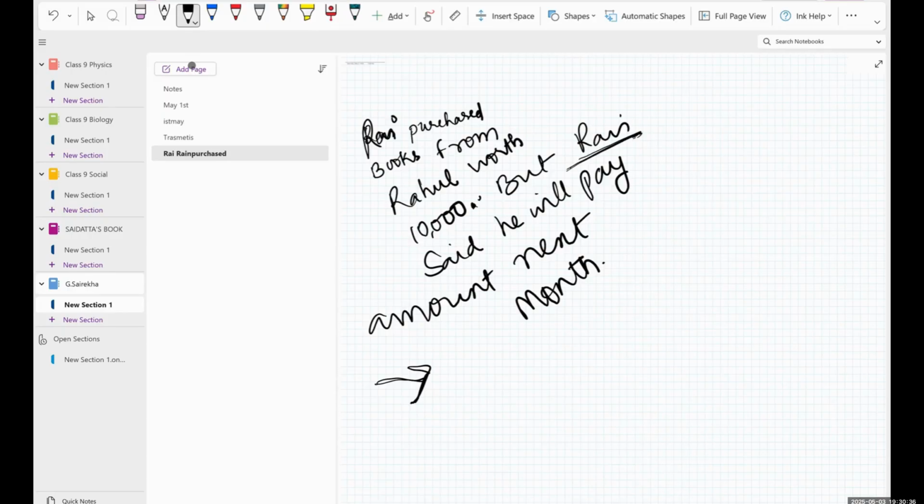He will pay next month. That means this month he didn't pay the cash now, but he took the books. So then it is called a credit transaction. Now, this part you understood, no?